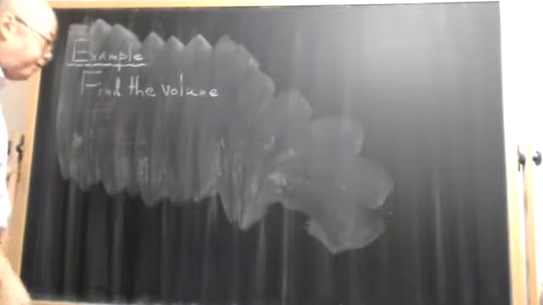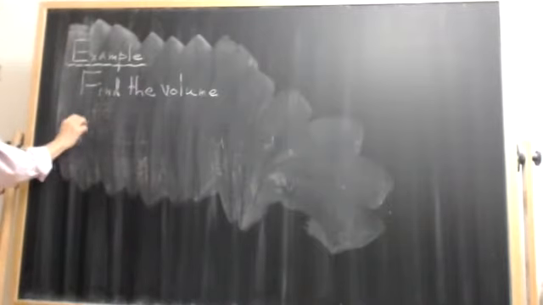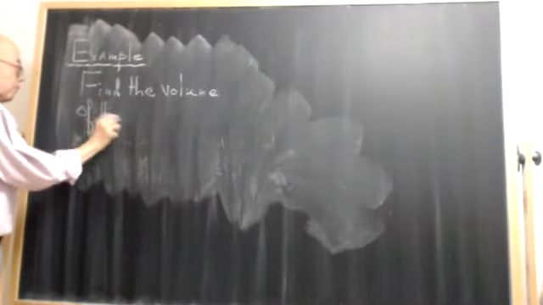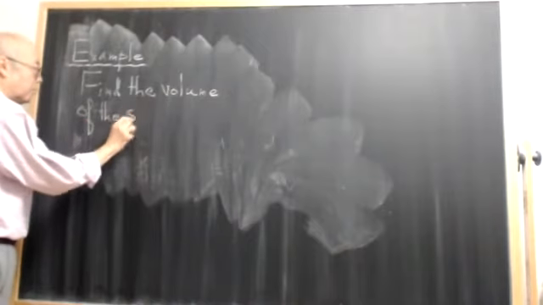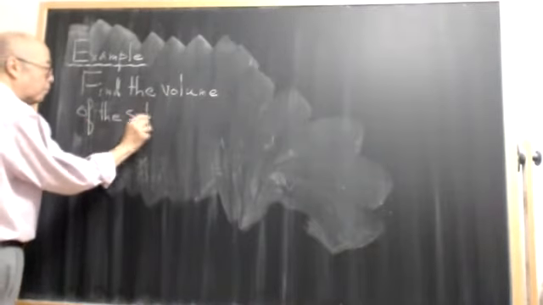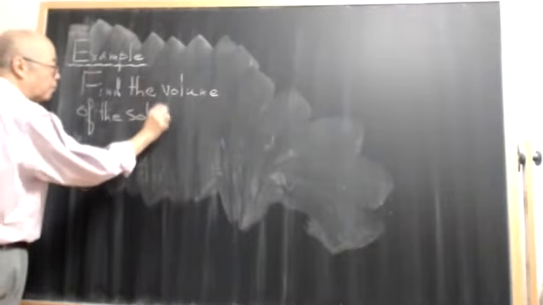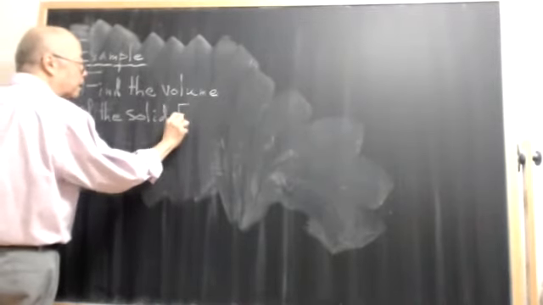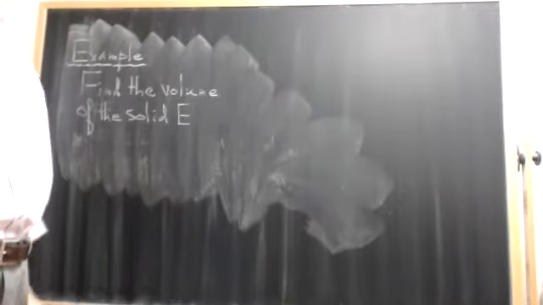We want to find the volume of a solid E bounded by the following two surfaces.